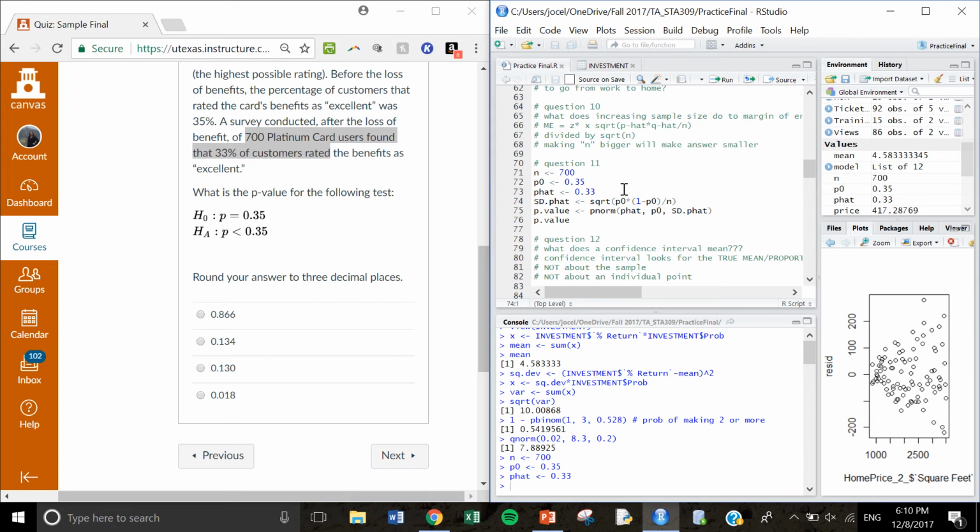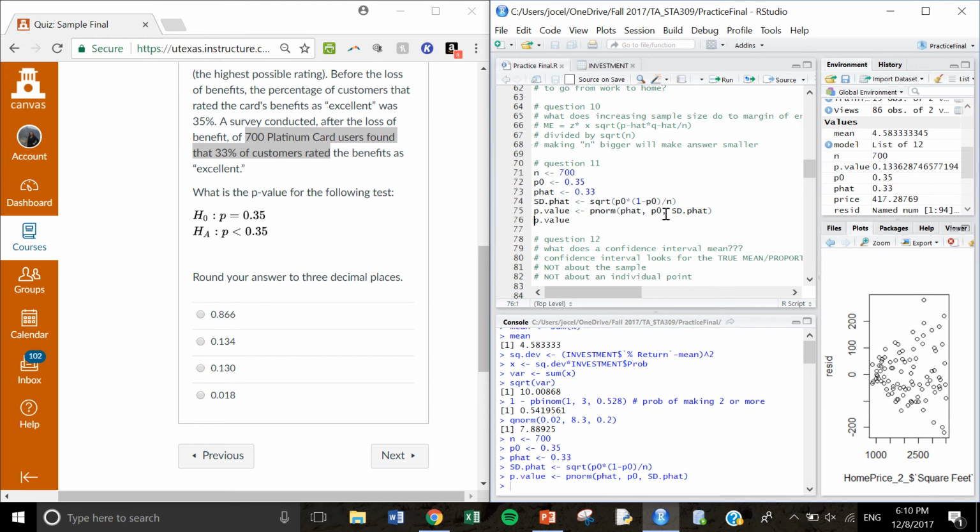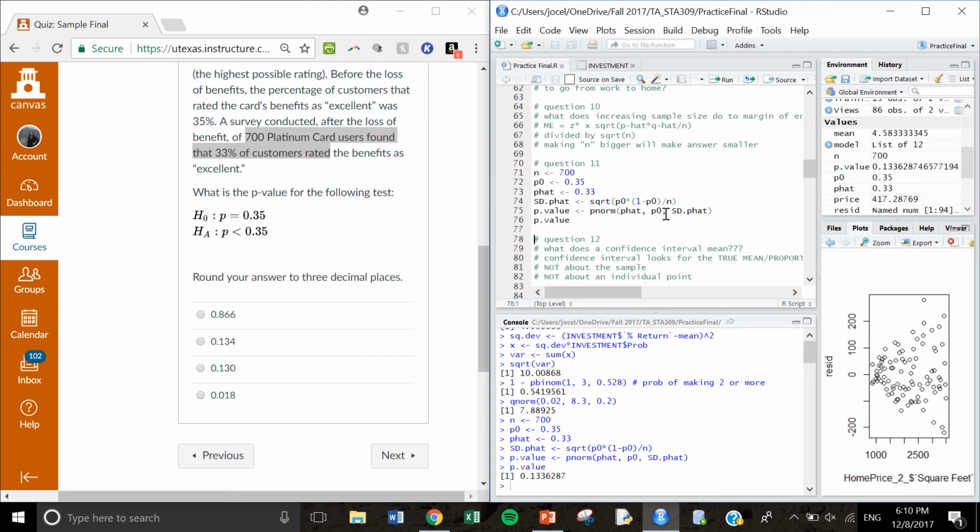And then we find our standard deviation, which is square root of p null times 1 minus p null, divided by n. And then I find my p-value using pnorm. And I put my p-hat in, and then I put my p-null, and I put the standard deviation that I calculated. We find that our p-value is 0.134.